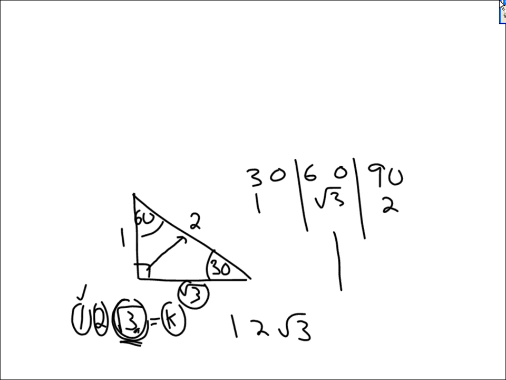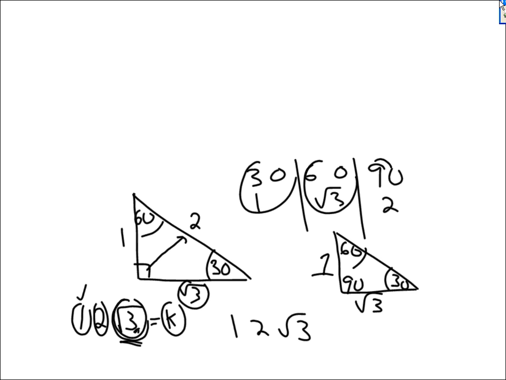So now I know how to do a 30, 60, 90 triangle. Opposite 30 is 1. Opposite 60 is square root of 3. Opposite the 90-degree angle is the side that's 2.